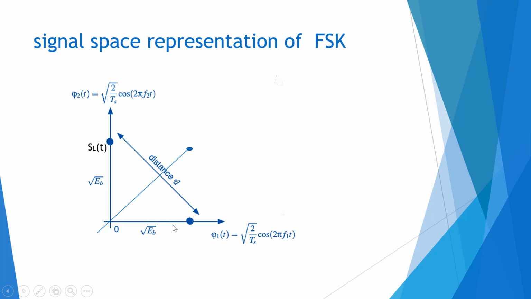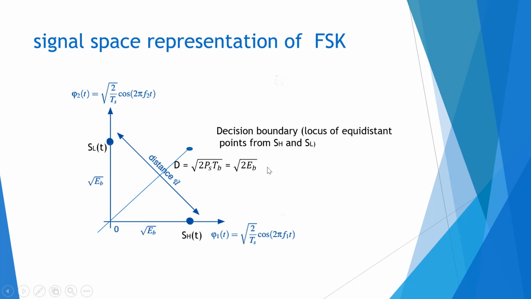Similarly, on this side it is SH of t, with a distance of square root of Eb, which is again square root of PsTb. Now the Euclidean distance you can find out: d is equal to square root of 2 PsTb, or equal to square root of 2 Eb.